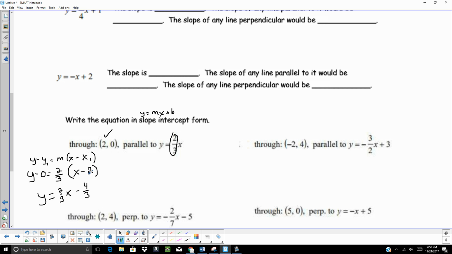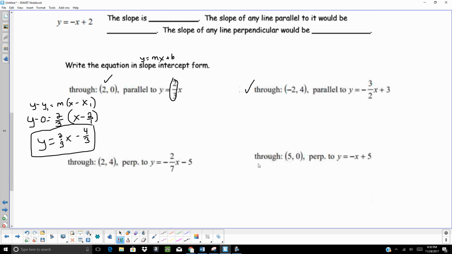If you wanted to, you could put that 2/1. Numerator times numerator gives me 4. Denominator times denominator gives me 3. There's nothing to add or subtract with the y. That's going to be my final answer. Go ahead, hit pause. Try the second example by yourself.